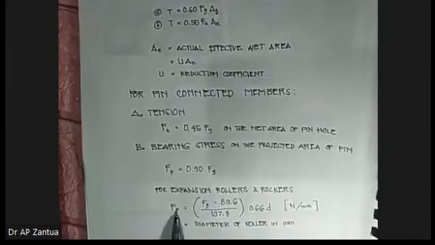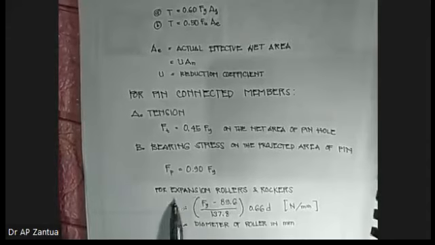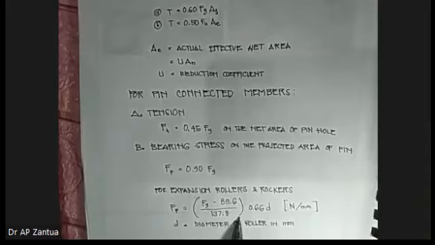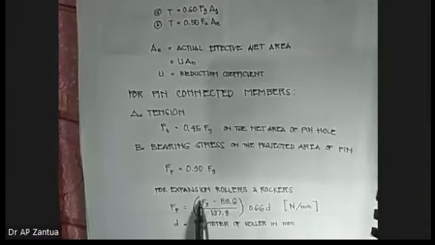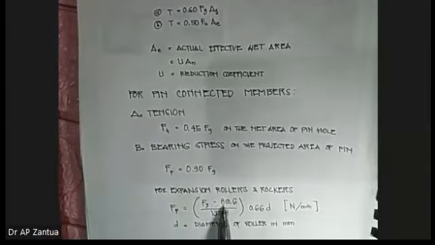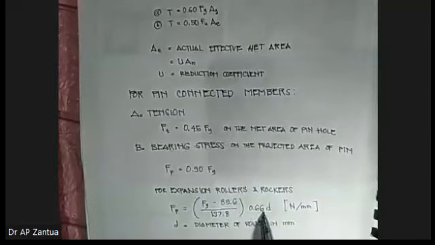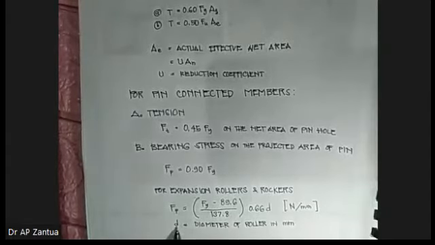So FP, the symbol for bearing stress, is equal to the quantity Fy minus 89.6, divided by 137.8, multiplied by 0.66 D. We already know what is Fy. What about D? Small letter D is the diameter of roller in millimeter.